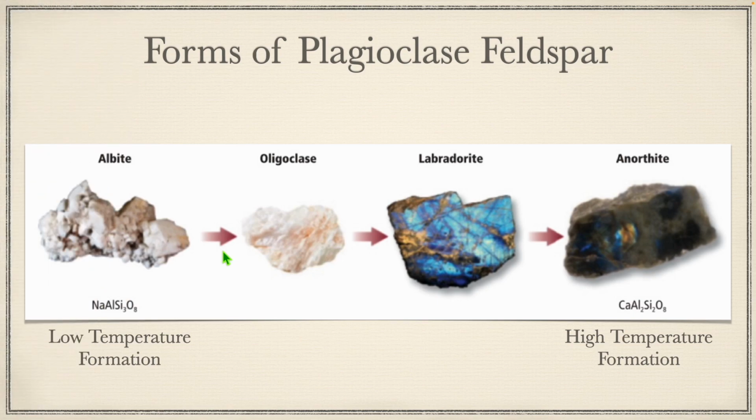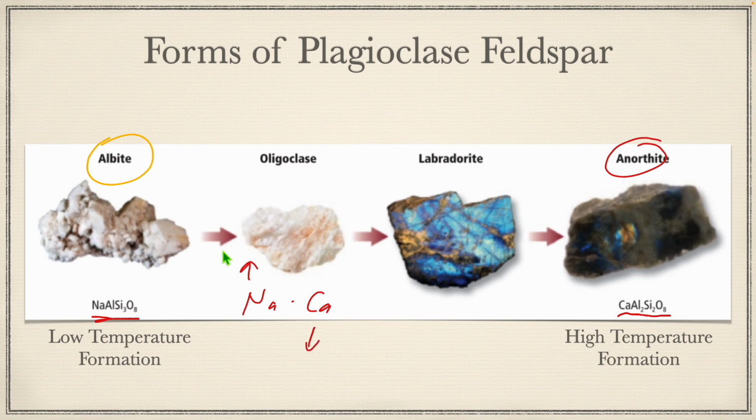So some forms of plagioclase feldspar. Again, we have our albite down here on this end, and this is sodium, aluminum, silicon, and oxygen. On the other end, you have anorthite, which is calcium, aluminum, silicon, and oxygen. And then these in the middle are going to have a mix of sodium and calcium. This oligoclase here is going to have more sodium and less calcium.